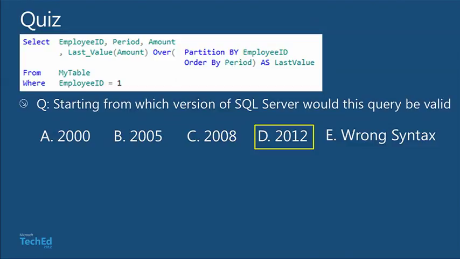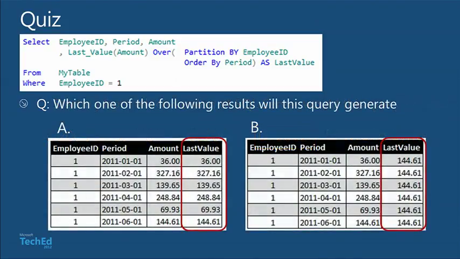So, for the next question, I have this one. For this query, which of the following results is correct? Pay attention to just the last column. B. A. Who said B?